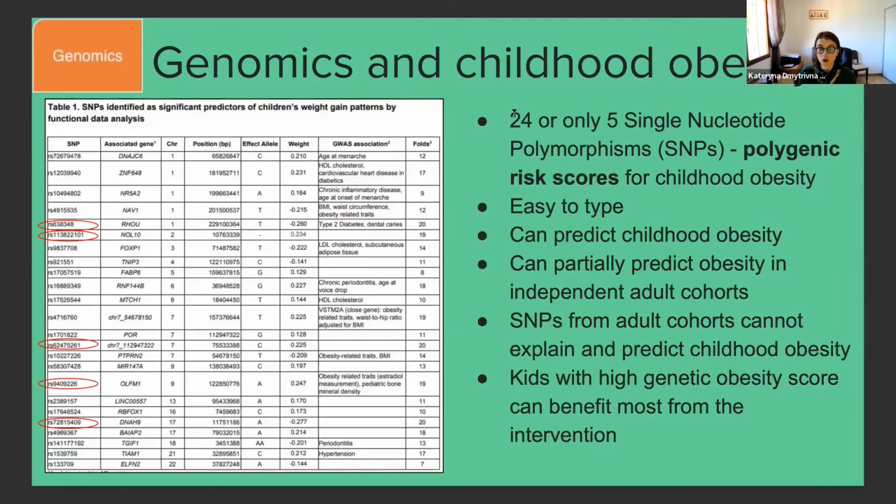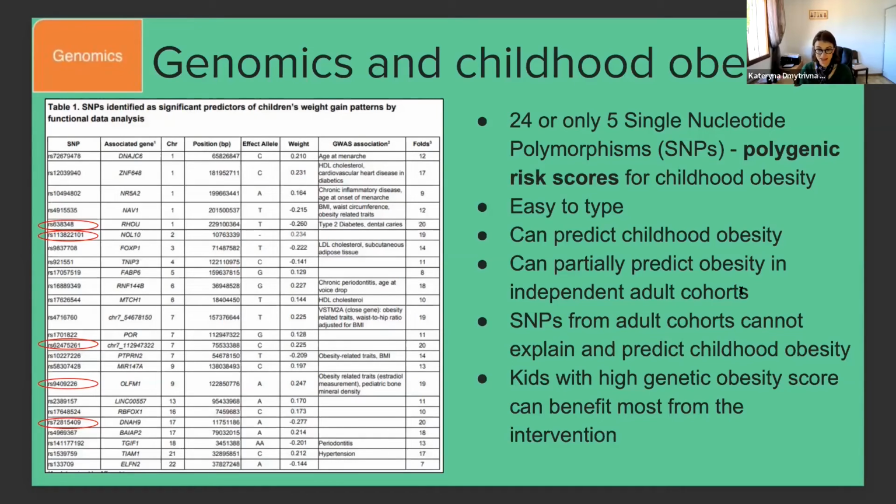And what we found is that 24 single nucleotide polymorphisms, or SNPs, can predict childhood obesity really well. We even narrowed this down to only 5 SNPs that are related to childhood obesity. They can predict childhood obesity in other cohorts. They also can predict obesity in adult cohorts.